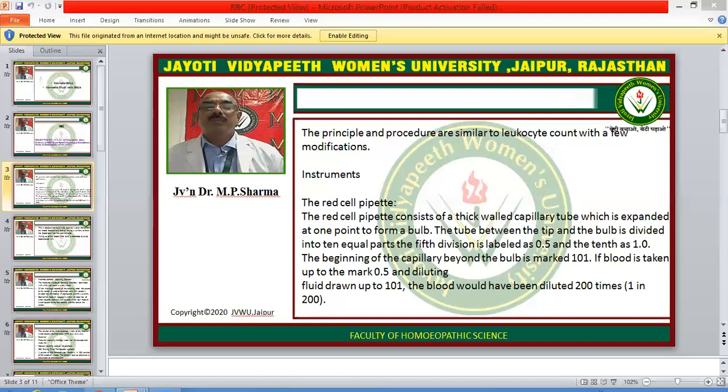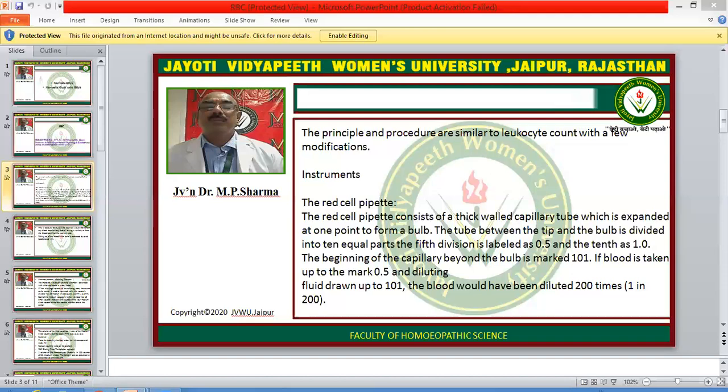This square is divided into 25 medium size squares, 0.2 millimeter into 0.2 millimeter, and each of the medium squares is further divided into 16 small squares.